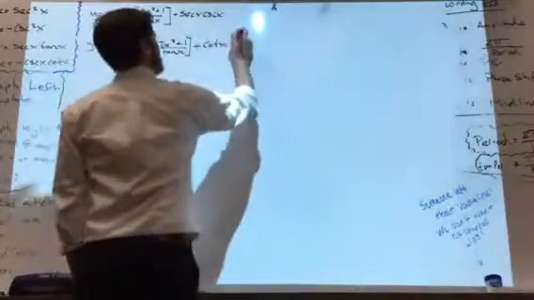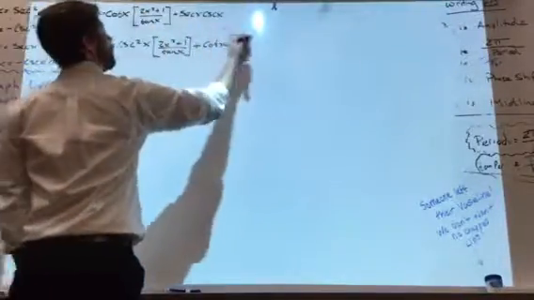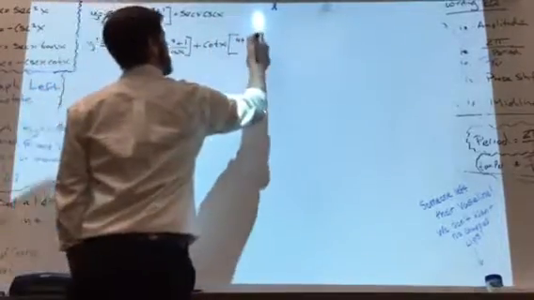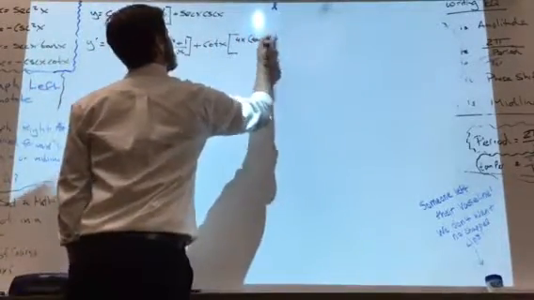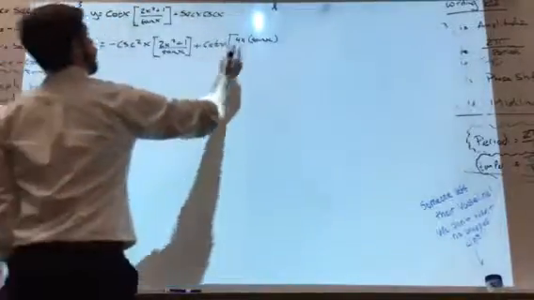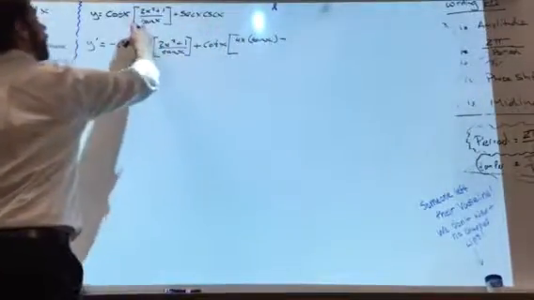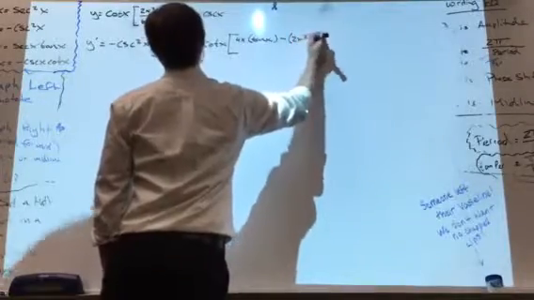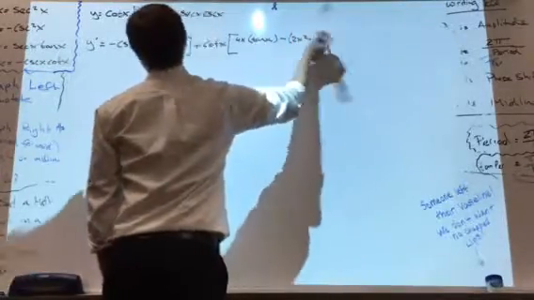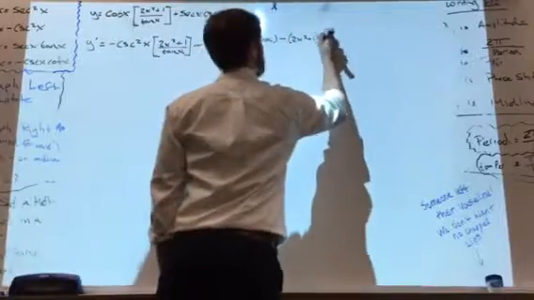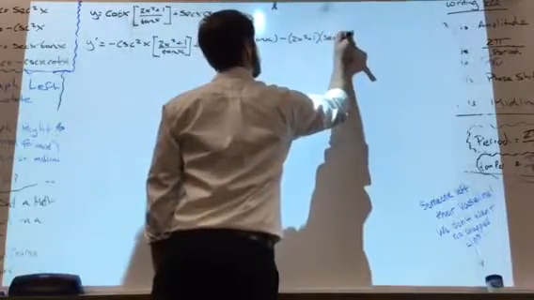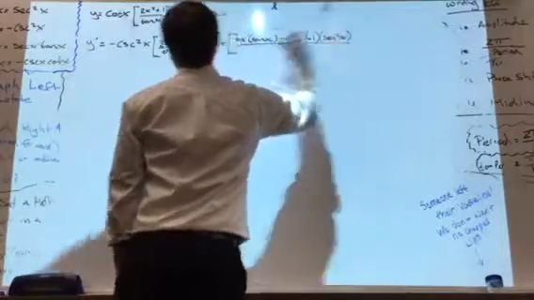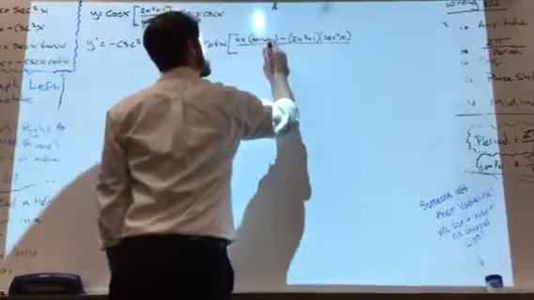So I need the derivative of the numerator, which is 4x, multiplied by the denominator, tangent of x. And then, minus, sorry, leave the numerator. I have 2x squared plus 1 times the derivative of the denominator, secant squared x, all over the denominator squared.